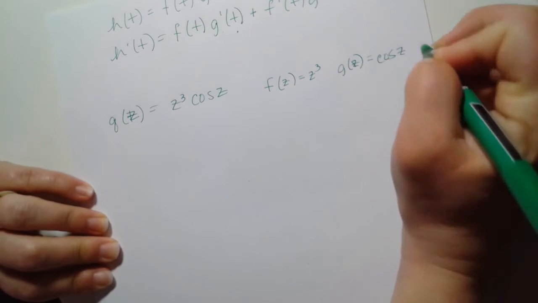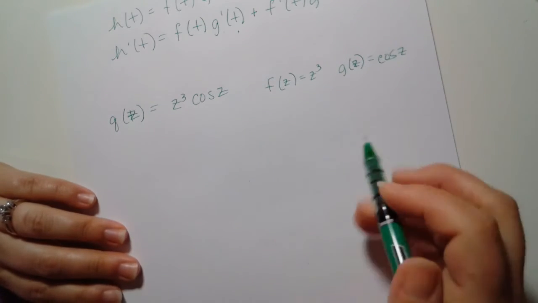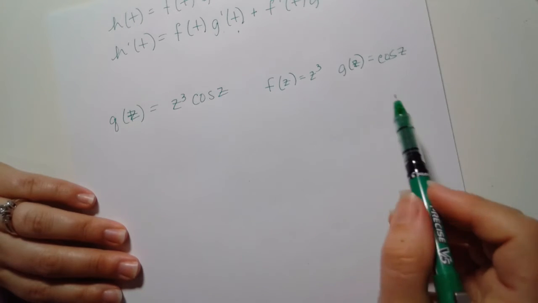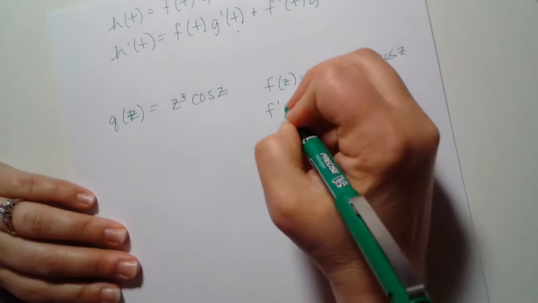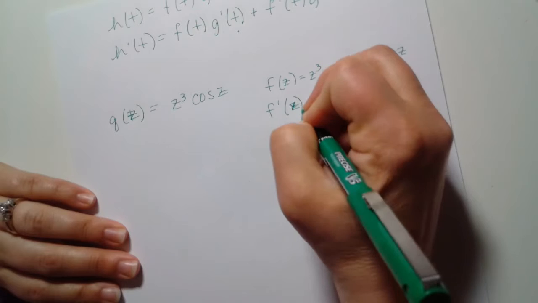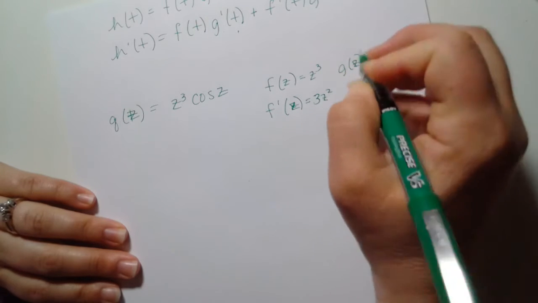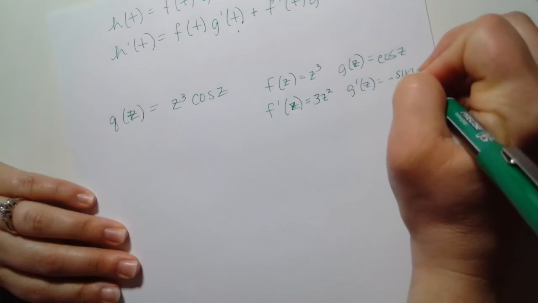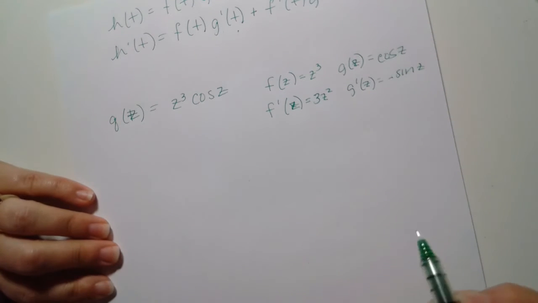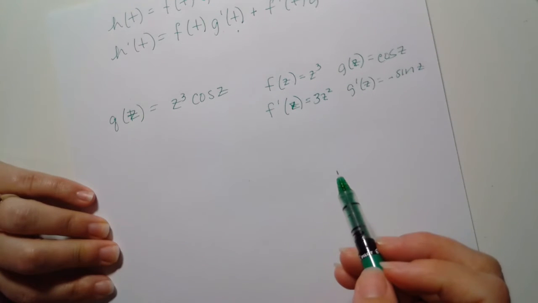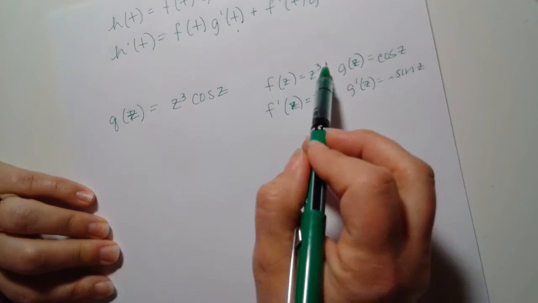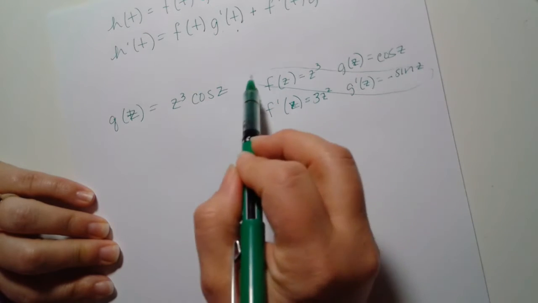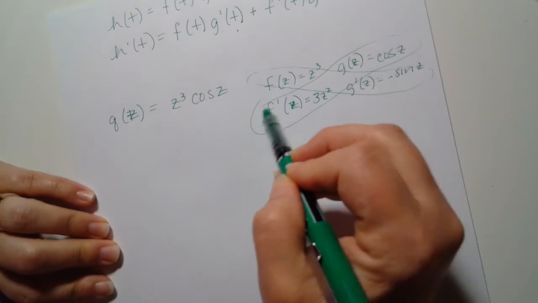One way to do this is to actually do the separate derivatives and find the derivative of each one. So f prime of z would be 3z squared, and g prime of z would be negative sine of z. Then my product rule is going to have basically this times this plus this times this.